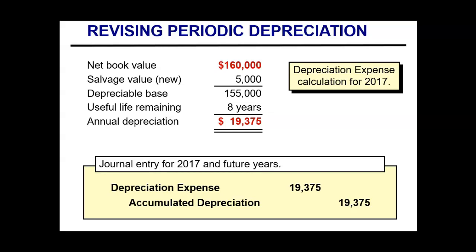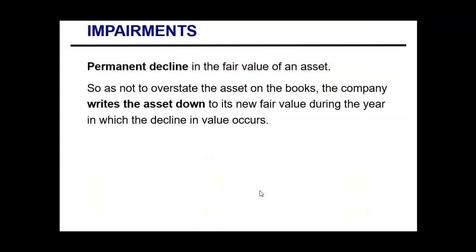Because we extended the asset's useful life, and we also reduced its salvage value, notice that the expense went from being $50,000 a year for those first 7 years to $19,375 a year for the next 8 years. And that's how you account for a revision for your depreciation.